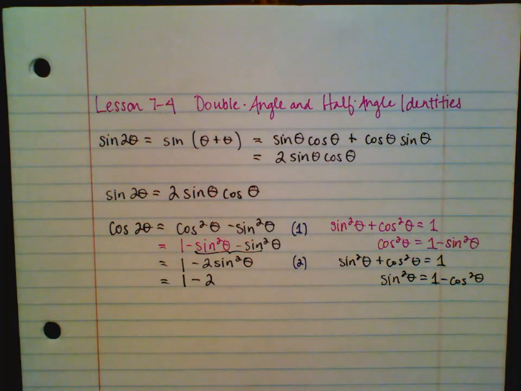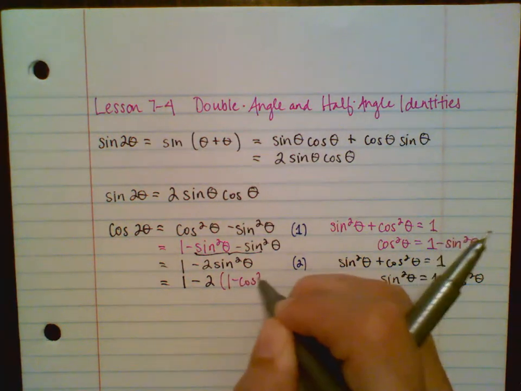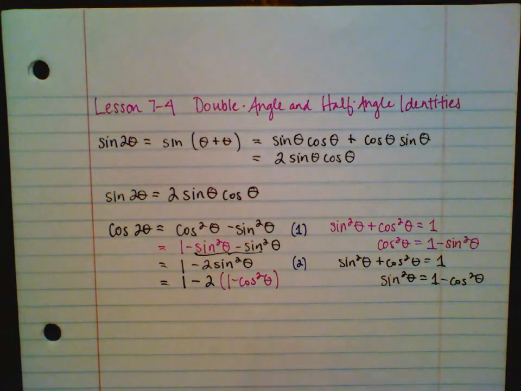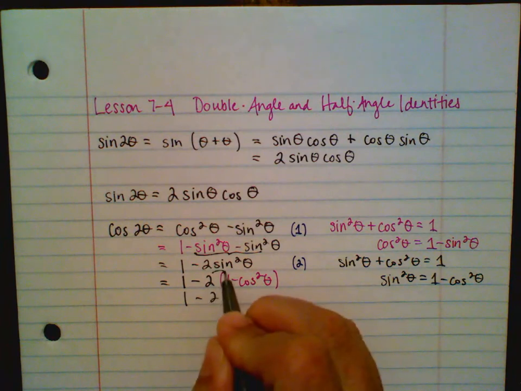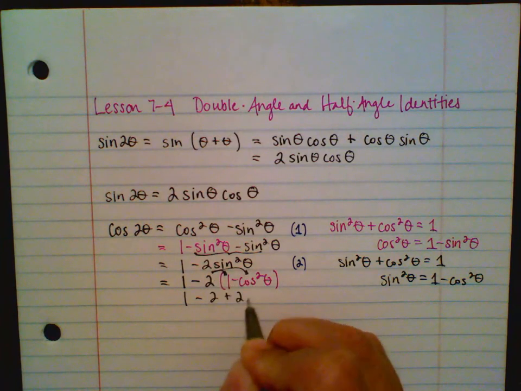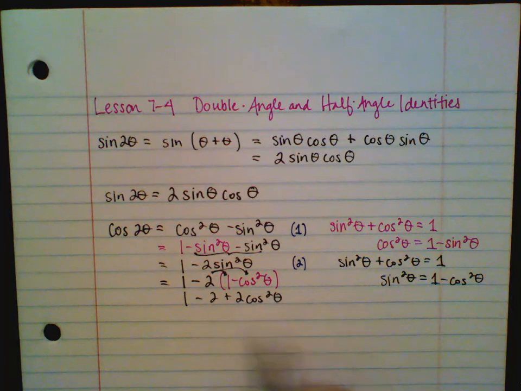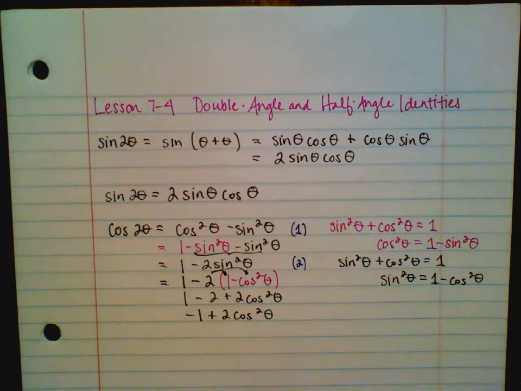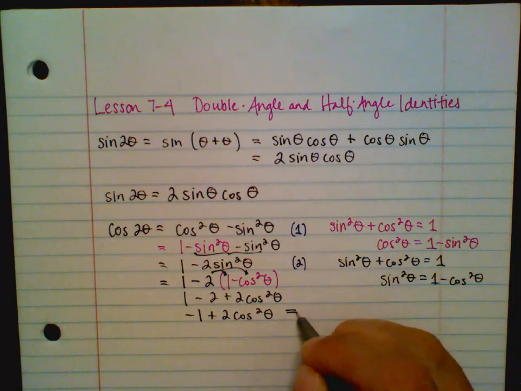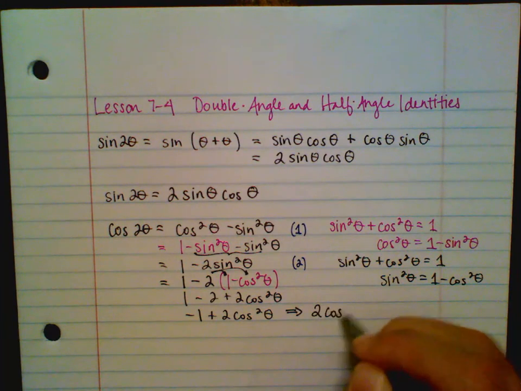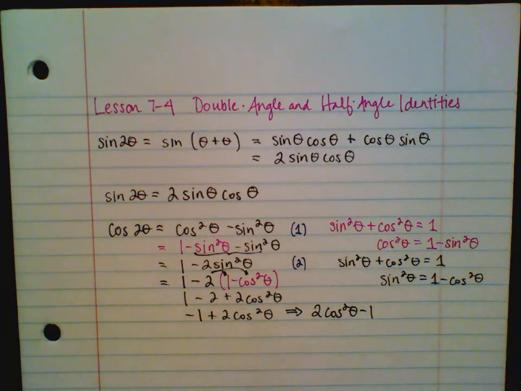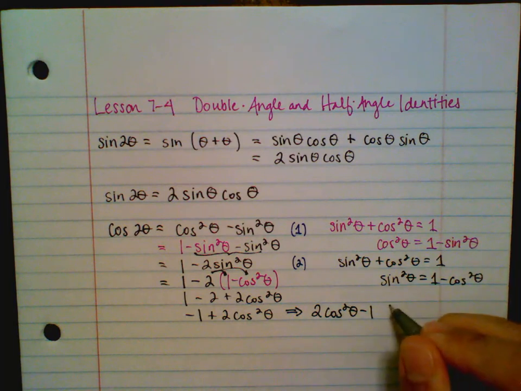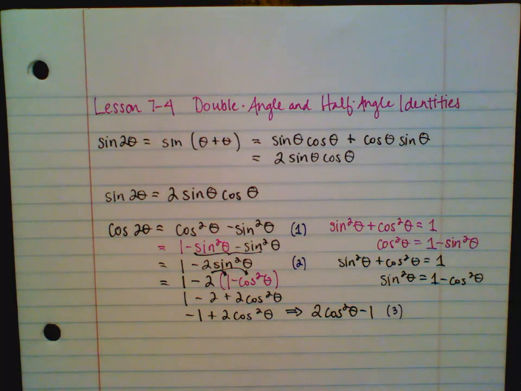Remember, sine squared theta is 1 minus cosine squared theta. This becomes 1 minus 2 plus 2 cosine squared theta. 1 minus 2 is negative 1 plus 2 cosine squared theta. But we don't like to leave negatives hanging out because they may drop by accident. So let's rewrite this as 2 cosine squared theta minus 1. And this is the third formula that I can use for cosine of 2 theta.